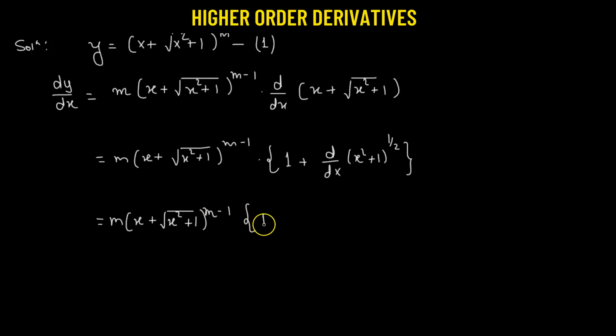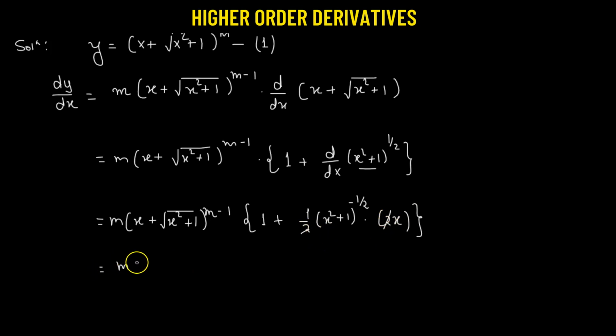So this will be multiplied to 1 plus half times (x squared plus 1) raised to the power of half minus 1, which is negative half, times now the derivative of x squared plus 1, which is simply 2x plus 0. Fine. So our derivative is now done. So here 2 and this 2 will get cancelled away.